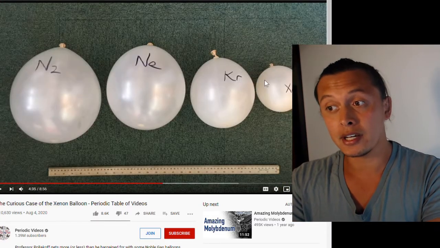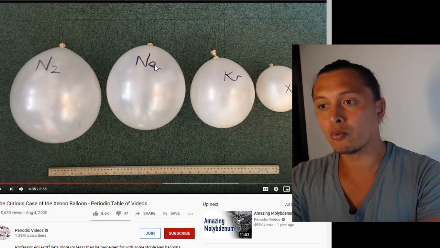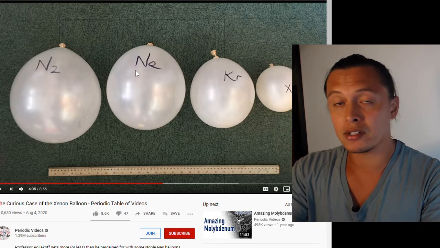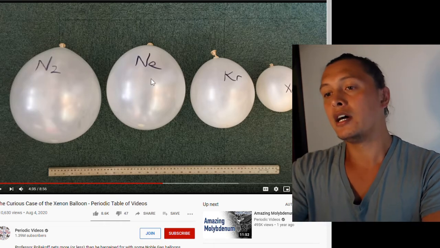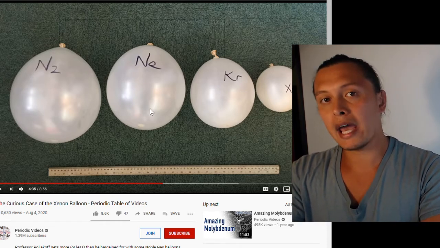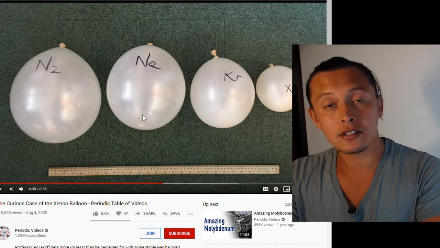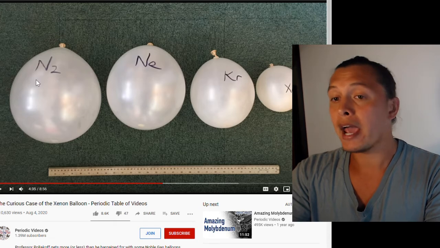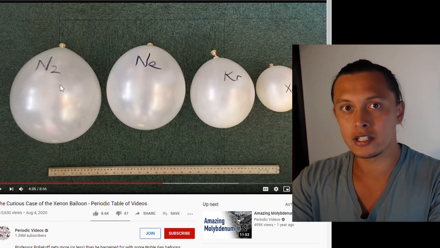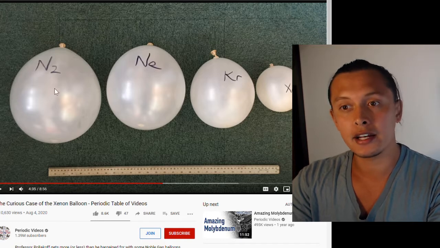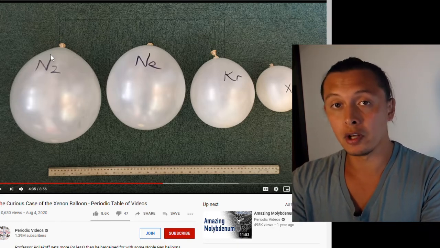Here we could see xenon was extremely able to come out of the balloon, whereas neon, which is the smallest of the noble gases described here, was actually the best noble gas at staying in the balloon. And nitrogen gas has a little bit larger atomic mass than neon, but nitrogen gas was actually the best out of all of them at staying within the balloon.